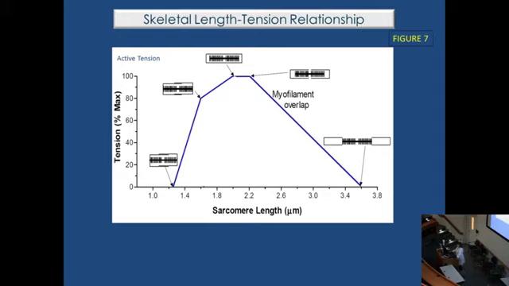Remember that this is the result of the different degree of overlapping between the myofilaments. Here, having basically no overlapping, the muscle cannot develop tension, or here, even though there is too much overlapping, the number of cross bridges is diminished, so you have less tension.